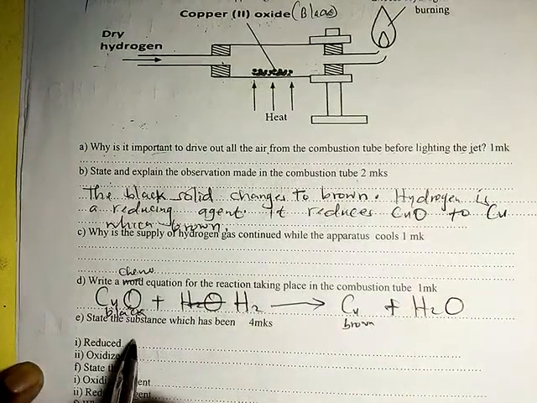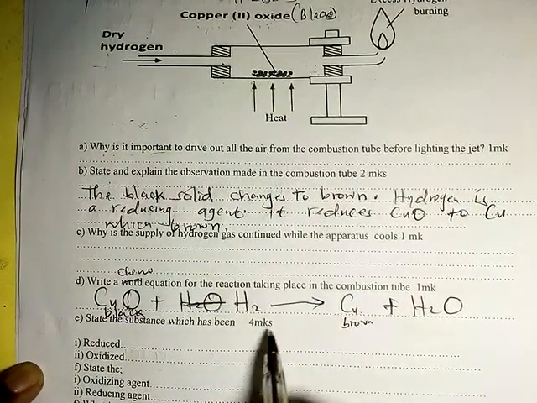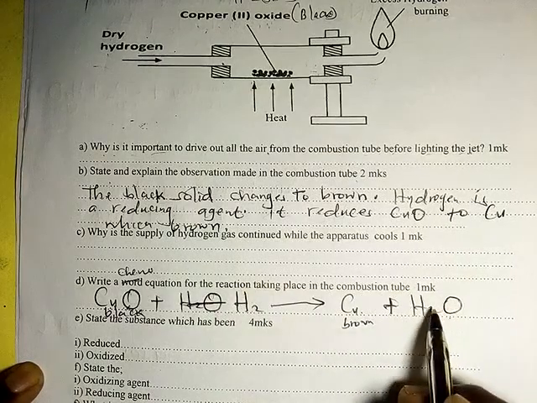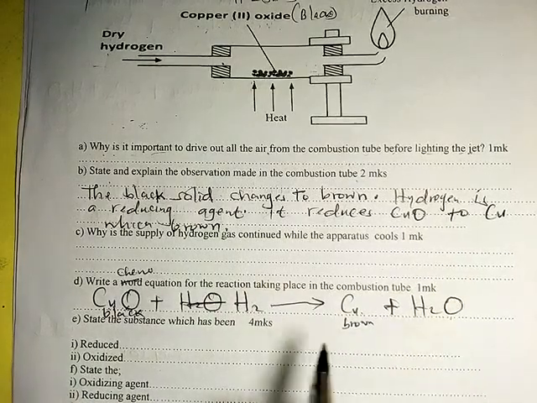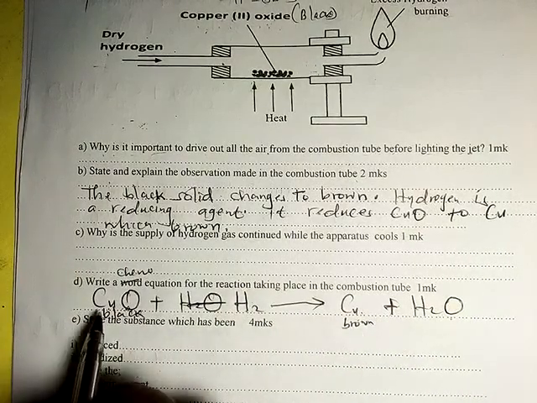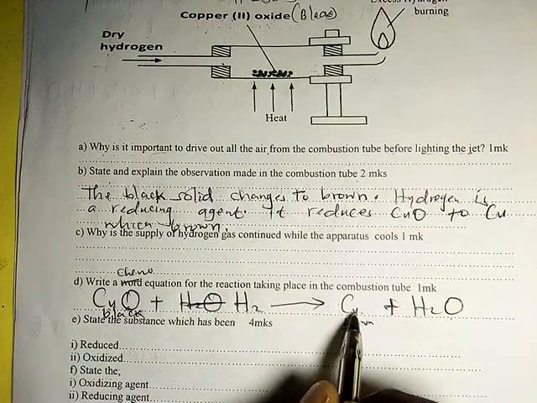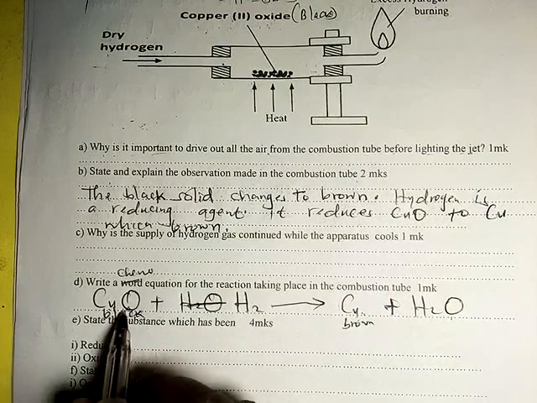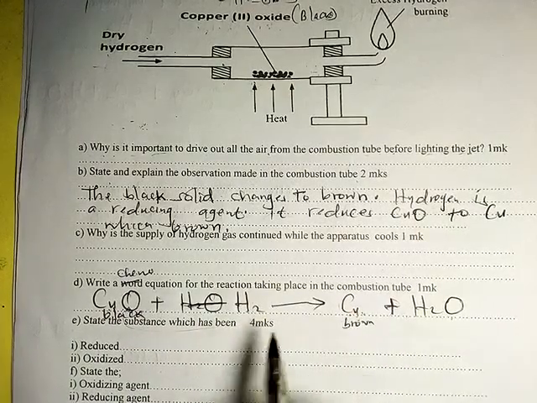So copper(II) oxide has been reduced, and hydrogen has been oxidized. Oxidation is the addition of oxygen to a substance, and reduction is the removal of oxygen from a substance. So you can see the oxygen that was in copper oxide has been removed. So from here up to here is reduction.